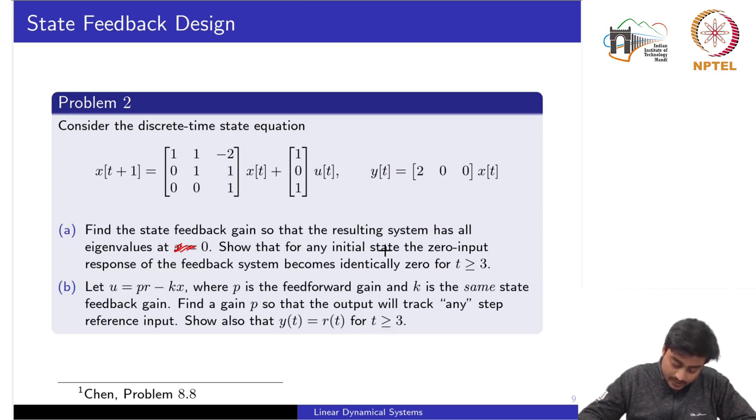So first we'll take up the first part, placing the eigenvalues at 0. Note that here you can compute the eigenvalues of the A matrix since it is an upper triangular matrix. So all the eigenvalues are located at 1. And we know that it is an unstable system because it is a discrete time system.